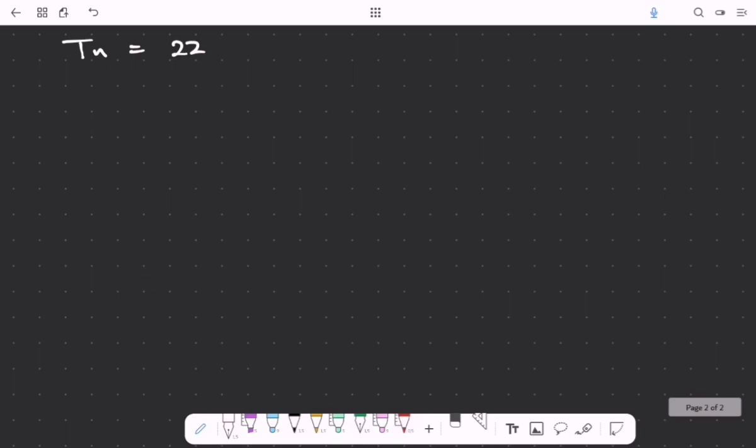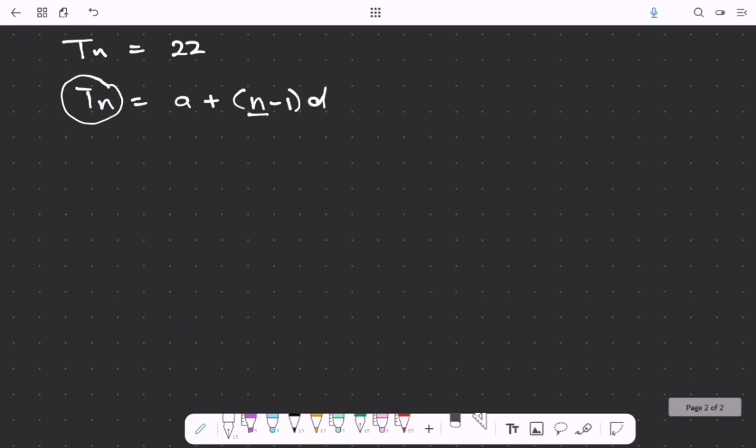Remember, our equation says Tn is equal to A plus n minus 1 times D. But we have the value of Tn. So that means we can plug in Tn and we find n, because we are looking for the term, the position. We are looking for the position where we find the value 22. That's what we are basically looking for.